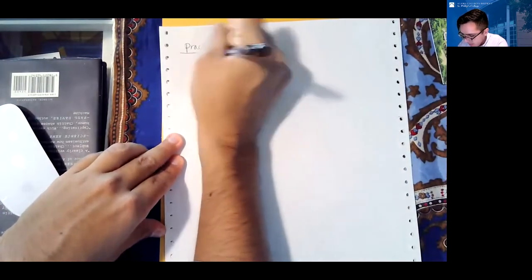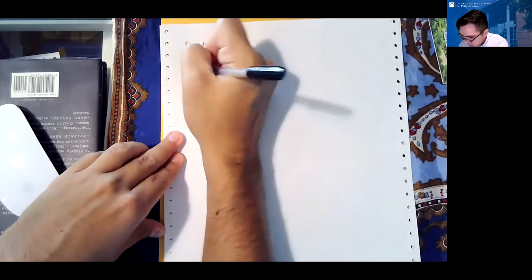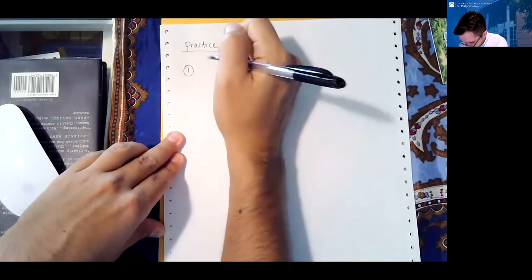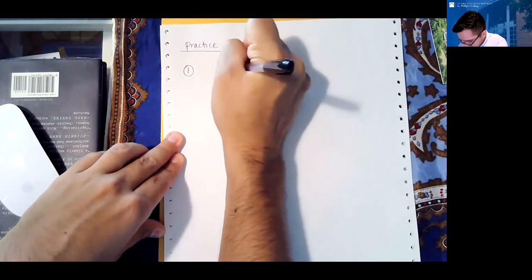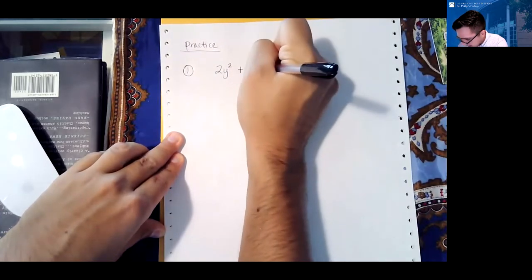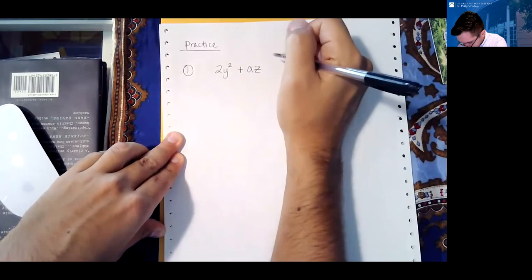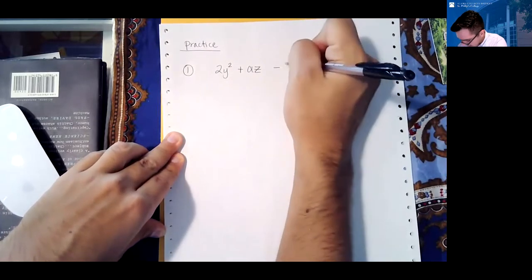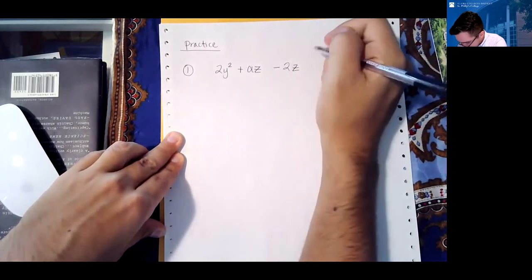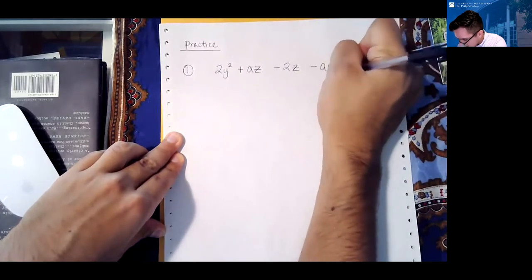Practice. Well, I'll let you guys work on a couple. 2y squared plus az minus 2z minus ay squared.